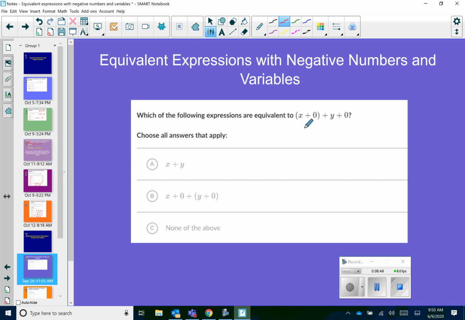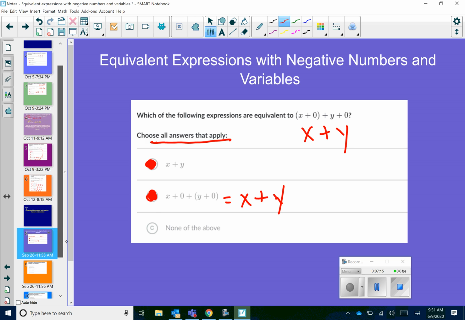So really, this is the same thing as saying just x plus y, which, as you can see, answer choice A would work. And here, it's basically the same thing as what they gave us, just rearranged a little bit differently. They put the parentheses in a different spot. So this would also be equivalent to x plus y. So both of these would be correct answers, which it does say choose all answers that apply.